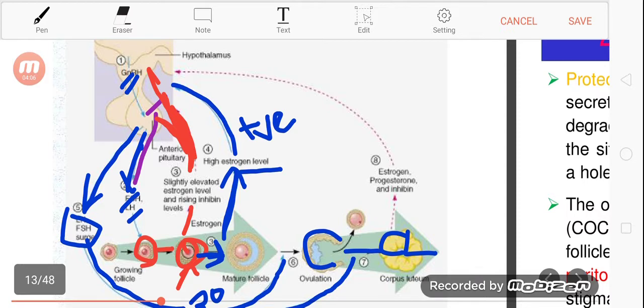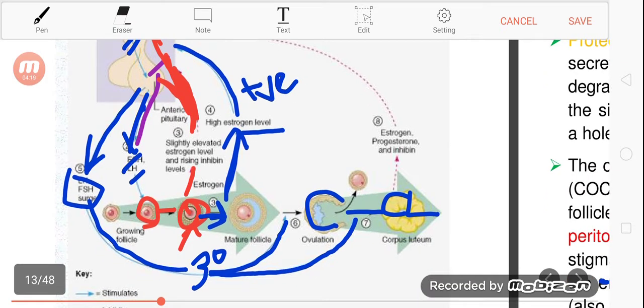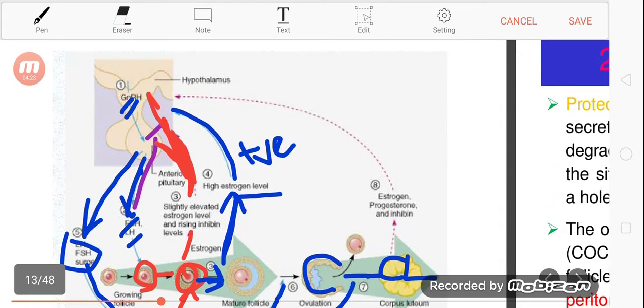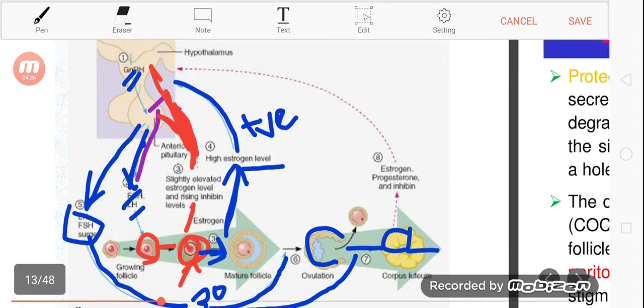The pathway with blue color is the end of the follicular phase hormonal regulation, entering ovulation. The blue color is the end follicular phase, the red and purple color is the early and mid follicular phase.